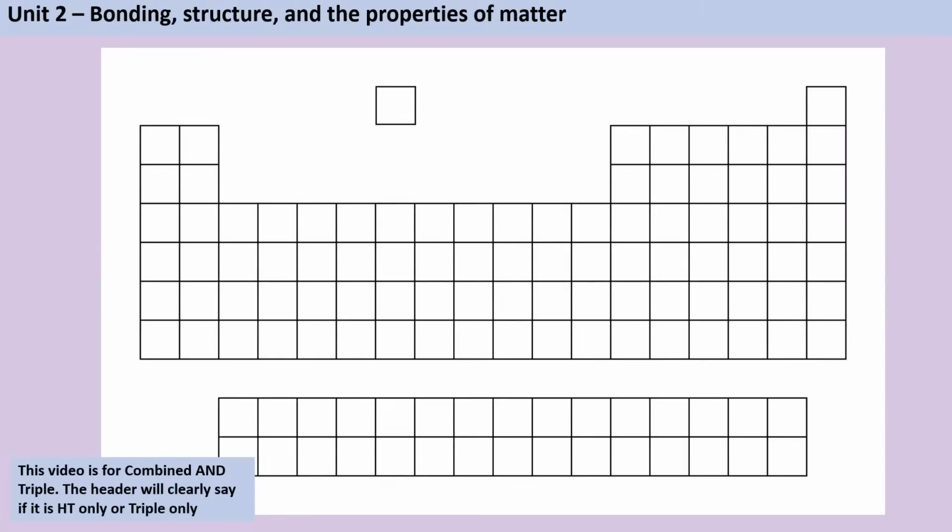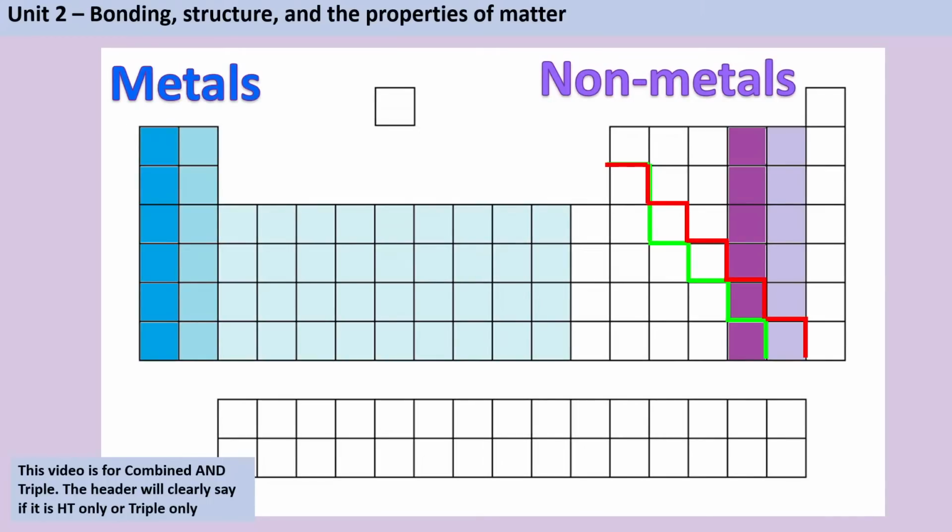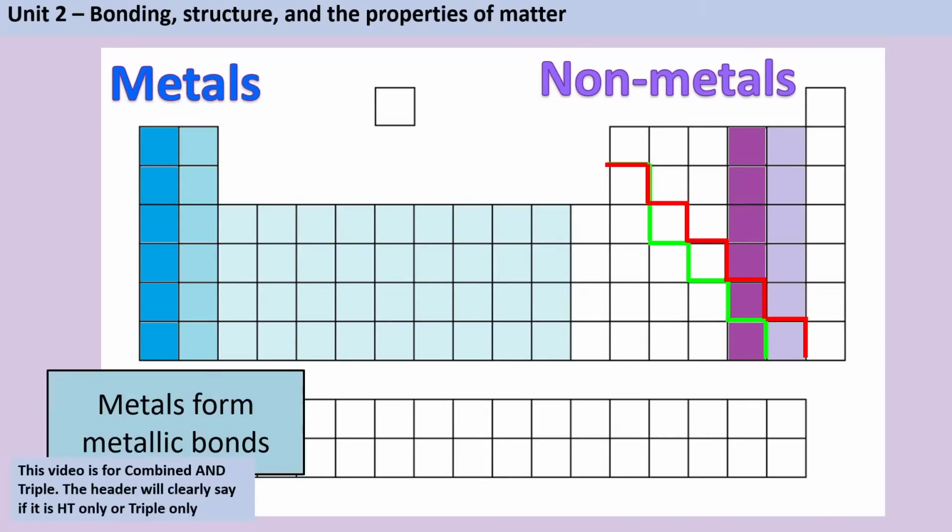So in terms of which elements are going to do which kinds of bonding, that little staircase that we drew is going to sort us out. Yeah, so far, folks, I've had literally one slide on triple science, so I don't think the combined scientists can complain too much. So, as we said, everything to the left of that staircase is a metal, everything to the right is a non-metal.